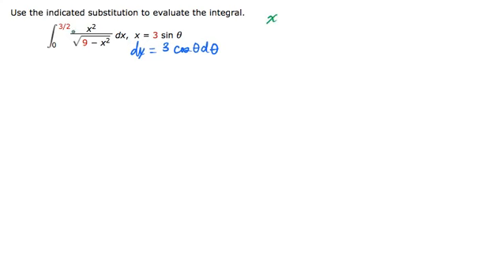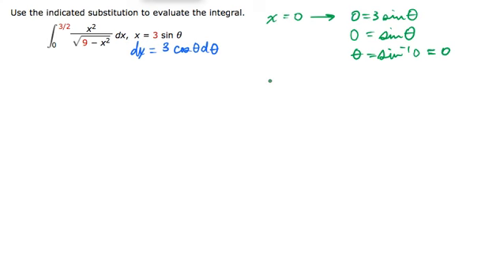So my lower limit here is when x is 0. When x is 0, we'll solve this equation for theta. So we would have 0 equals 3 sine theta. So where does sine theta equal 0 is the question, or sine inverse of 0, which is 0. So our new lower limit of integration will be theta equals 0, and then the upper limit, x is 3/2.